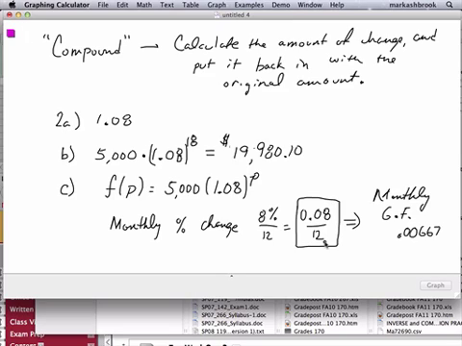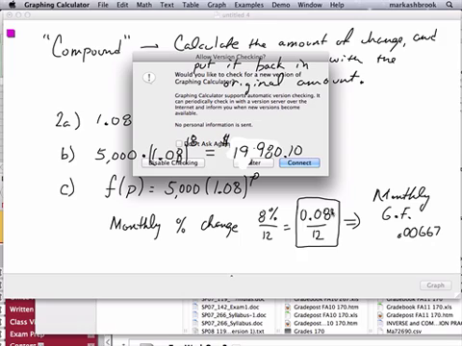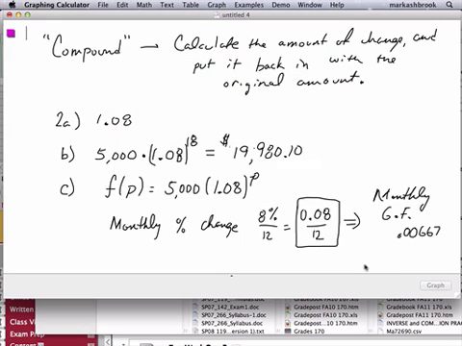Growth factor, guys. How do we get growth factor? This is like percent change, right? 0.66% change. So what's the monthly growth factor? It's going to be 1 plus that.